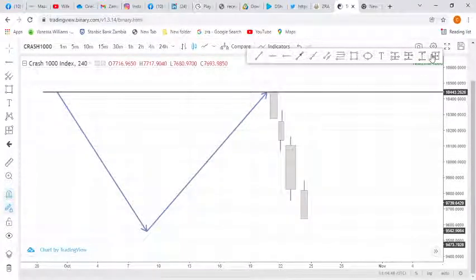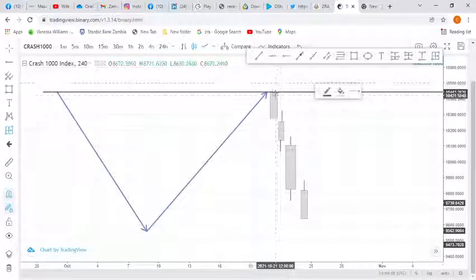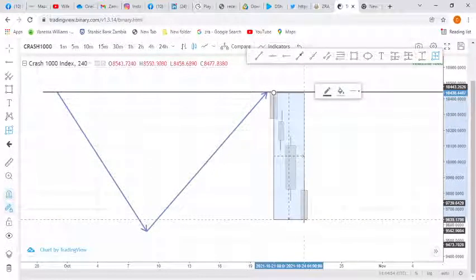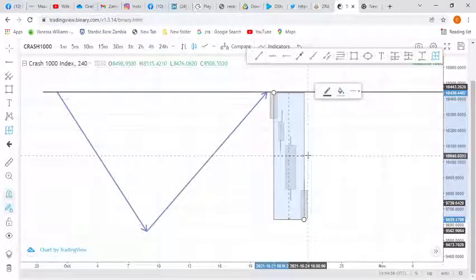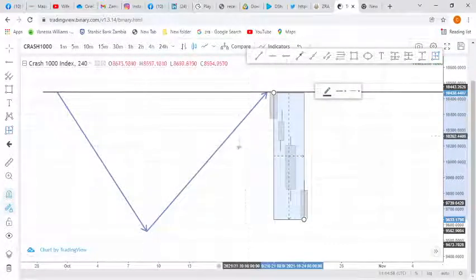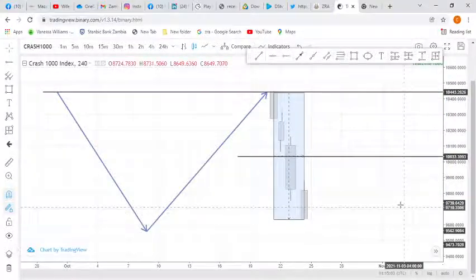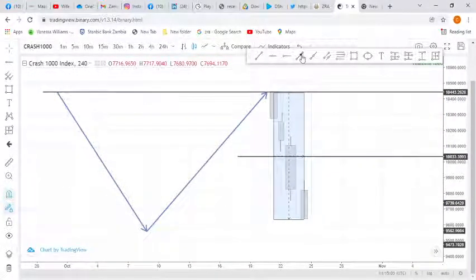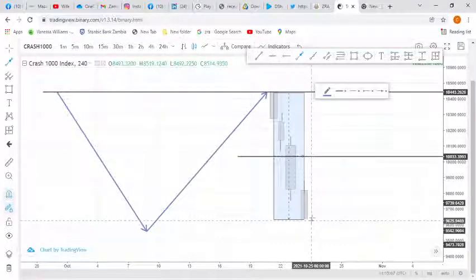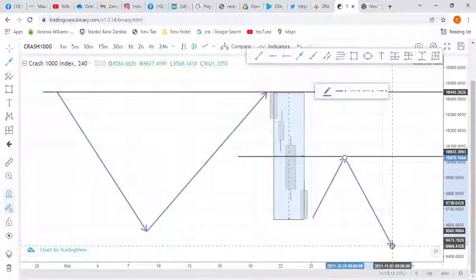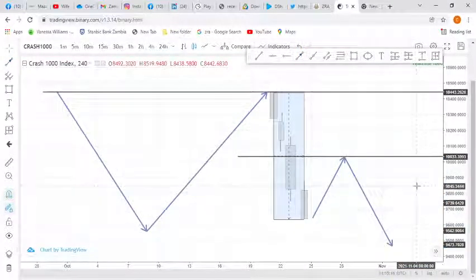That we are going to get this 50%, and we'll do a 50% of this whole thing like that, right? Then we are going to enter from here, which simply means we are anticipating that the market will reach this zone before it can actually go down, right? That's what we are saying.